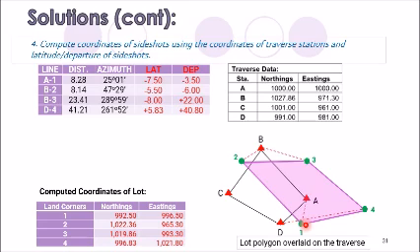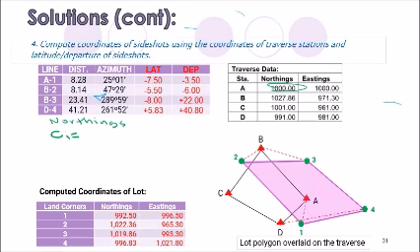For example, for corner 1, since it is observed from A, we will use the coordinates of A. So that would be northings.